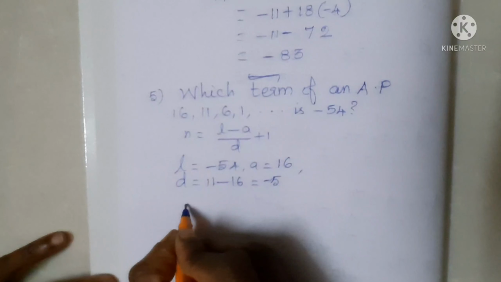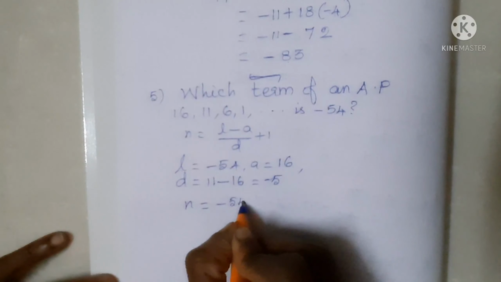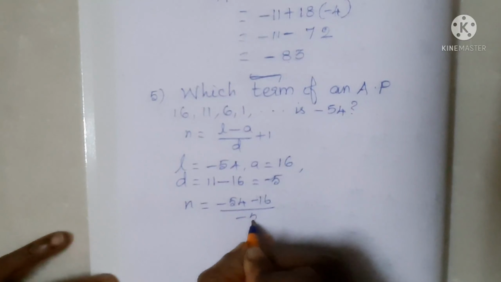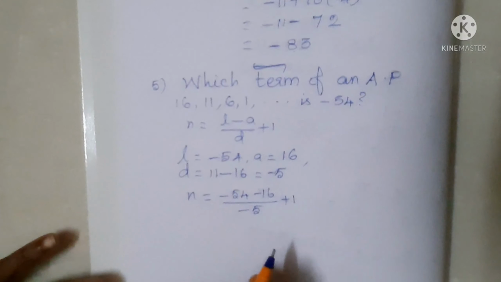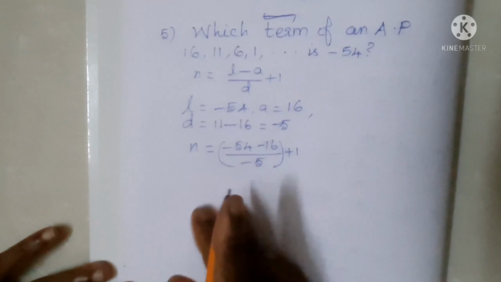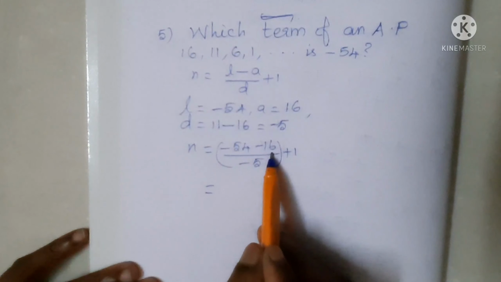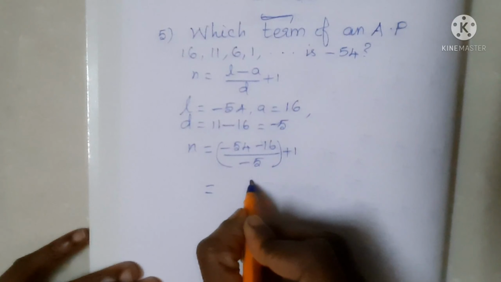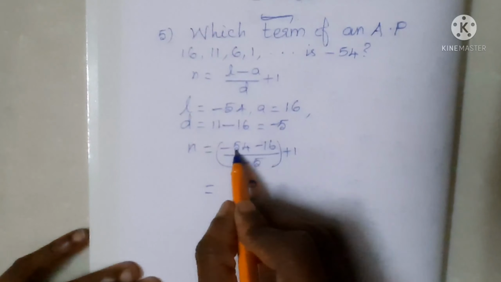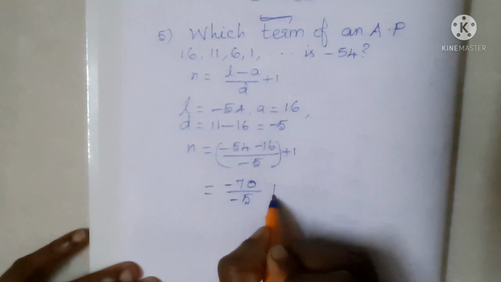Now you substitute all the values in that formula. So n is equal to (minus 54 minus 16) divided by minus 5, plus 1. Now you see this, simplify this one first, after that only you add 1. So minus 54 minus 16, if you are adding two numbers of the same sign, you will get 70. Minus 70 by minus 5 plus 1.